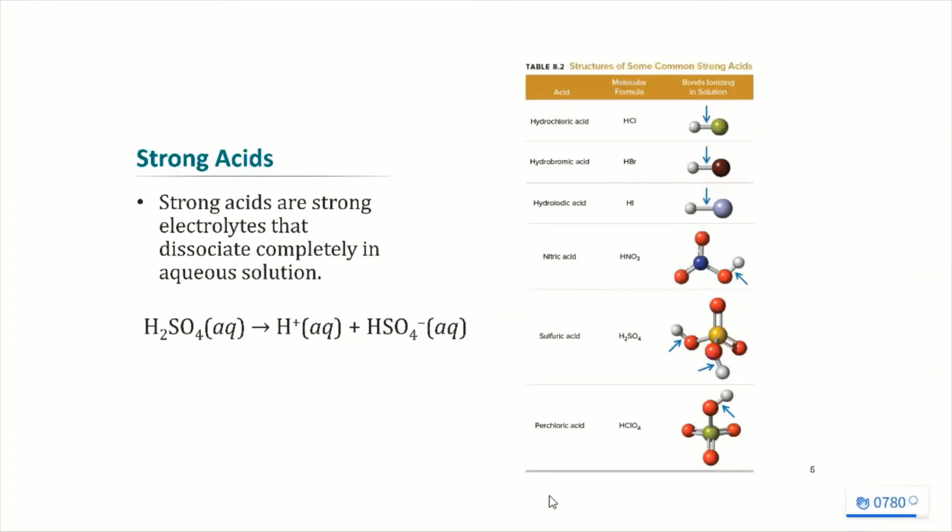Strong acids. There are 6 strong acids that you need to be aware of. Good chance that you're already aware of most of them. Hydrochloric, hydrobromic, hydroiodic, nitric, sulfuric. And the only one that you probably haven't seen too much of is this last one, perchloric acid.